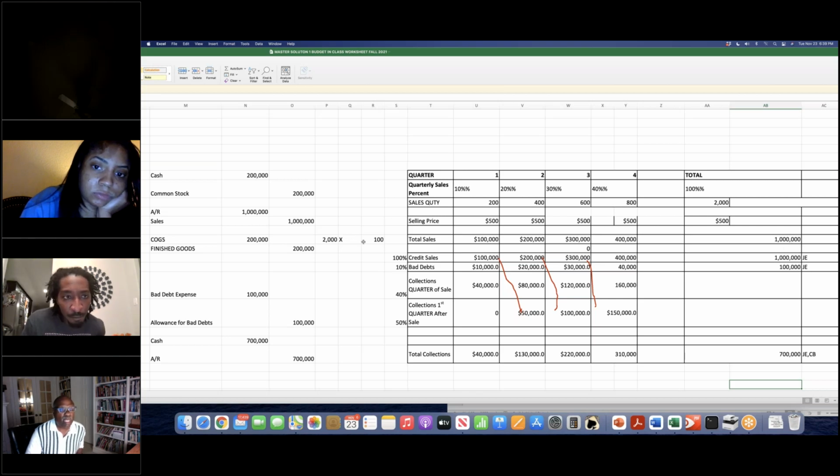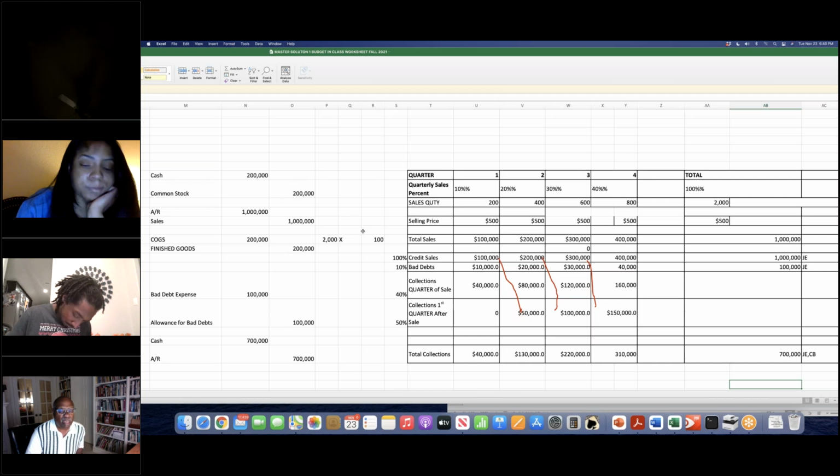And then our cost of goods sold is always the quantity sold, which is 2,000, times the cost of raw materials and labor. And that turned out to be $100 in this problem. If you remember from before, the ink was 50, the paper was 49, and the labor was $1, so that's how we got 100.